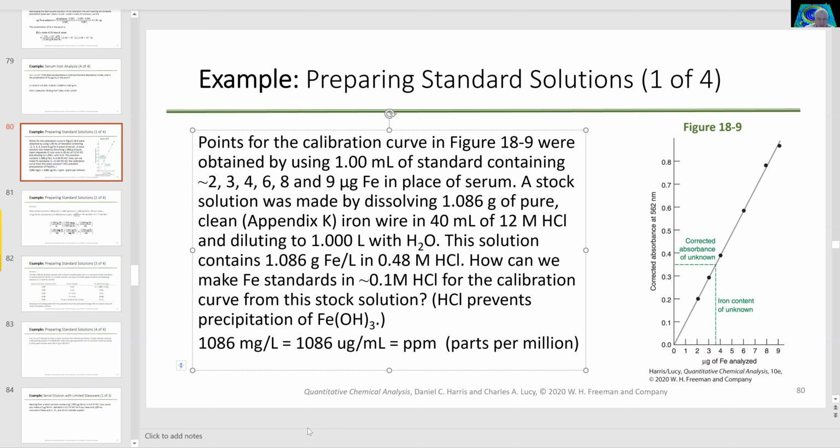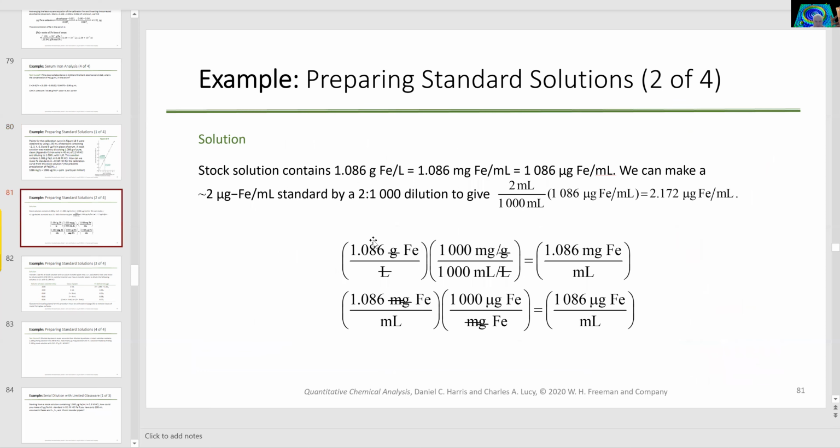Right? And so the question is, how do we go from 1,086 down to 2, 3, 4, 5, 6, down to these low values here? And the answer to that is we have to dilute them by a factor of 1,000, right?